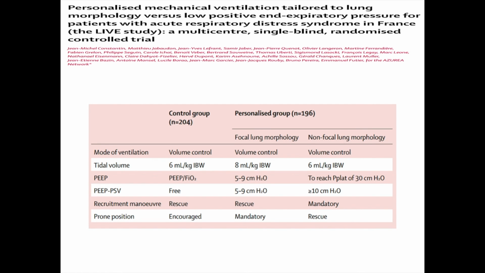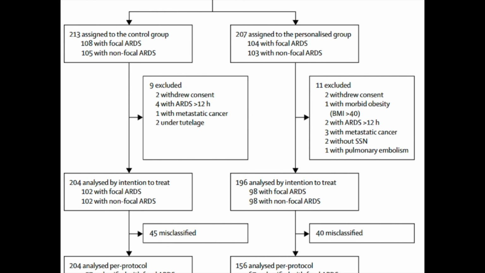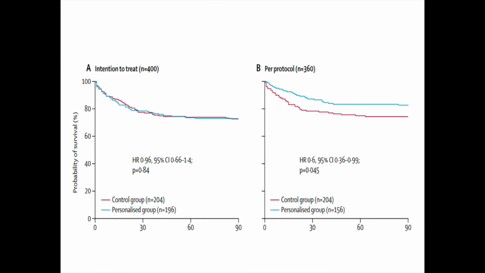Recruitment was not mandatory, but prone positioning was mandatory. But in non-focal ARDS, they gave lower tidal volume and a higher PEEP, and recruitment here was mandatory, but proning was only for rescue. As we have already seen in this trial, there was misclassification in almost 20% of the patients. So, based on that, we will see our results.